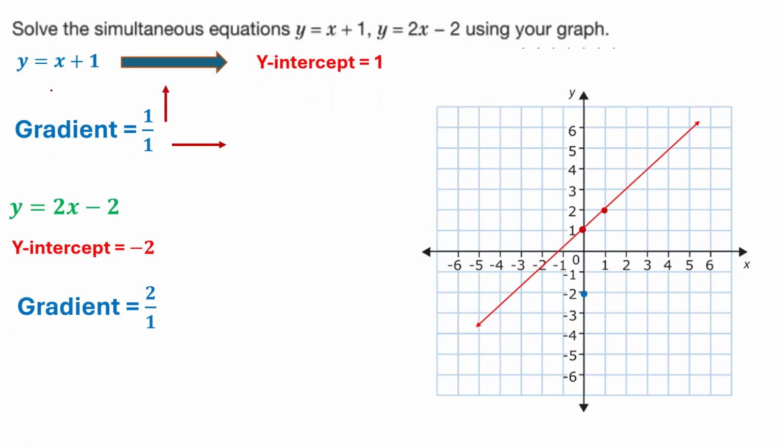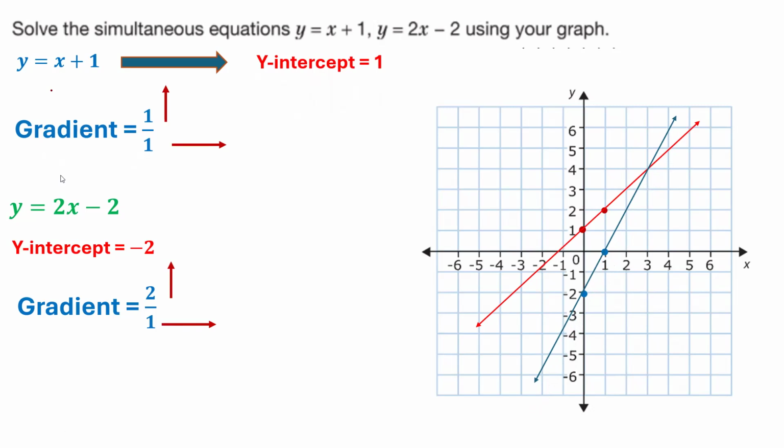The 2 in the numerator is positive, so it means I will move 2 steps up. And then the denominator, I have 1. I will move 1 step to the right. From the negative 2, if you move 2 steps up and 1 step right, you will reach the point 1 on the x-axis. Then connect these 2 points. You will get the line and the point of intersection.